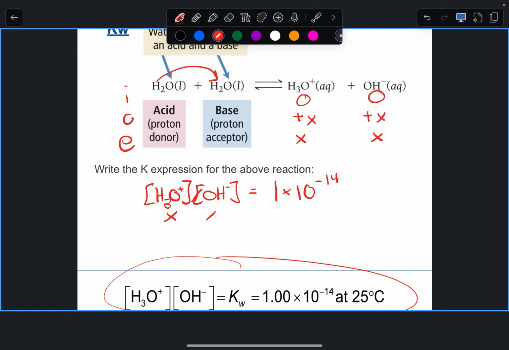So x times x, or x squared, is equal to 1 times 10 to the negative 14th. If we take the square root of that, we find x is equal to 1 times 10 to the negative 7th, meaning H3O+ is equal to OH minus, and they're both equal to 1 times 10 to the negative 7th. So in pure water, those two concentrations exist.